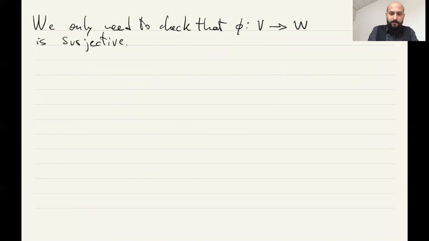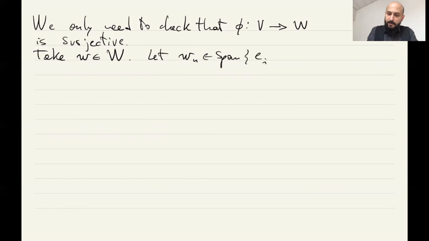Okay, so now take an element w in W, let w_n in the span of the basis for W such that w_n converges to w. These elements exist converging to w because this is a dense subset.